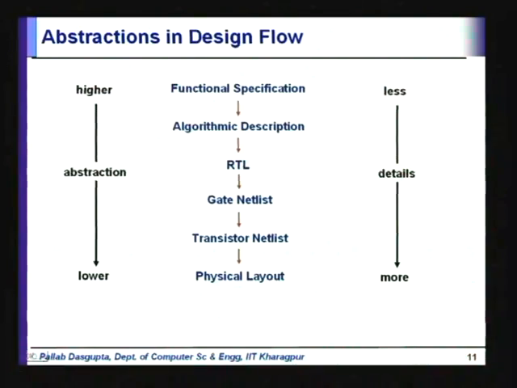So, the next step is the algorithmic description. This is where you start defining the way you are going to implement that microarchitecture, and people develop high level models for this. These high level models could be written in languages like C, C++, or languages like System C, Spec C or BlueSpec Verilog.